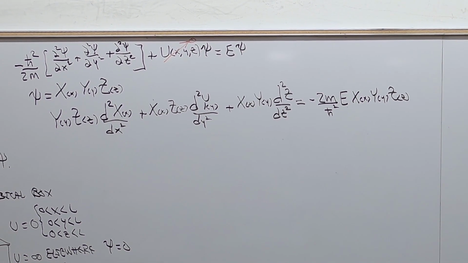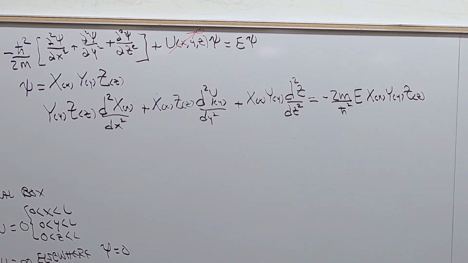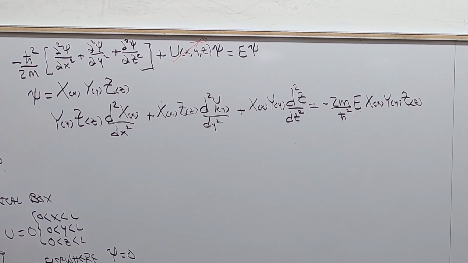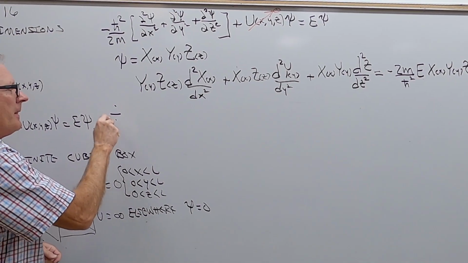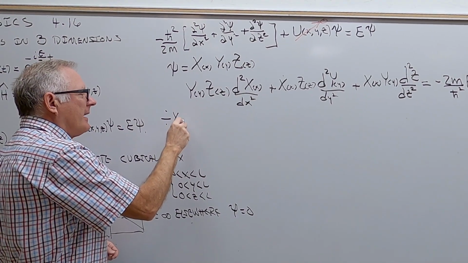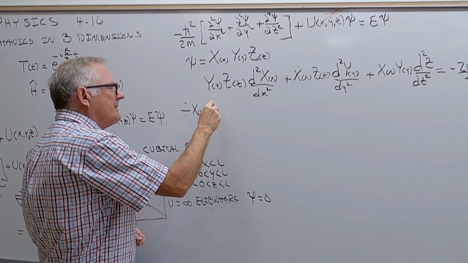Okay, now I've gotten it down to total derivatives. The next thing we do is divide everything by x sub x, y sub y, z sub z.